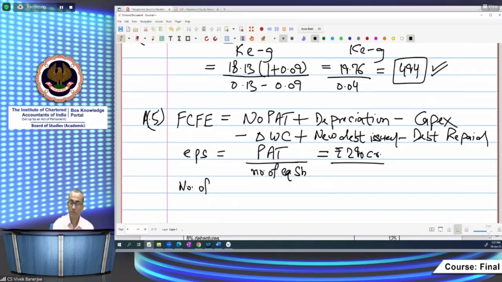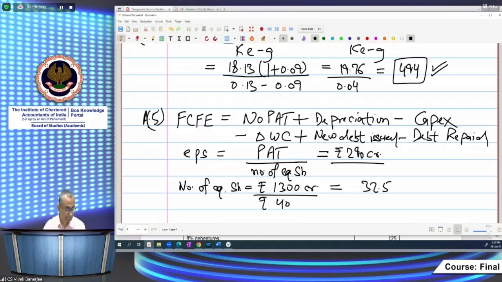So now number of equity shares will be calculated as rupees 1,300 crore divided by rupees 40, which is equal to 32.5. So number of equity shares will be 32.5 crores.